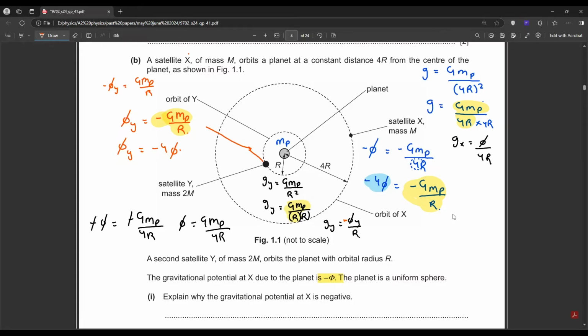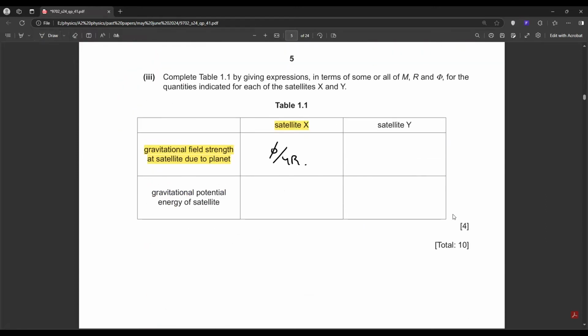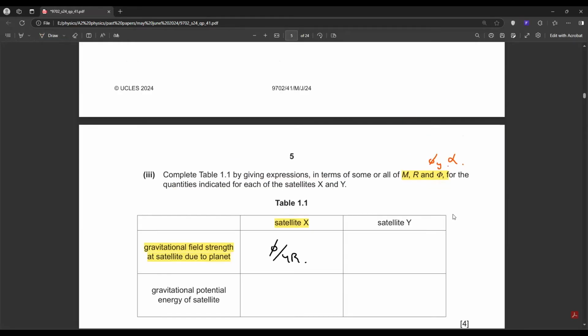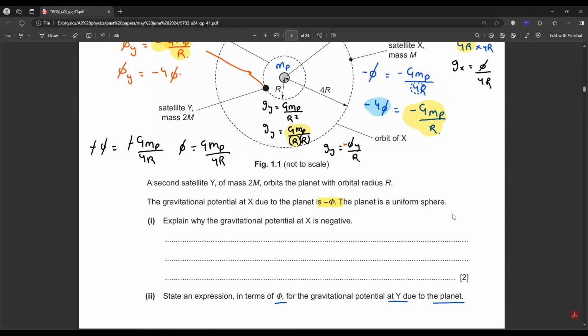Now there is one other problem. Can you realize that you only have to give the answers in terms of mass, r, and phi? The term gravitational potential at y is not included here. What are you going to do?